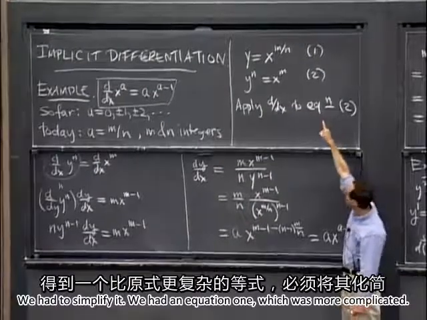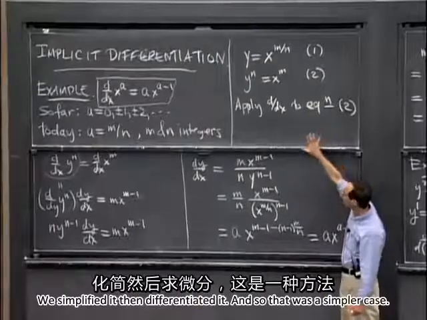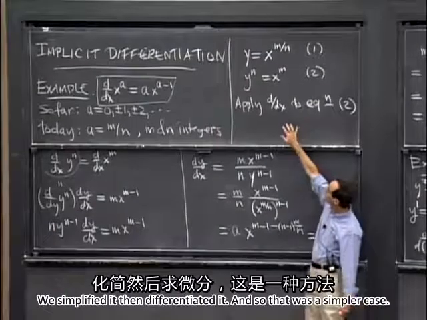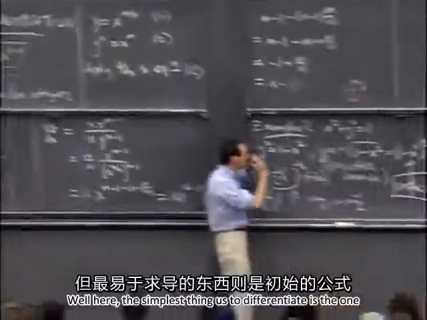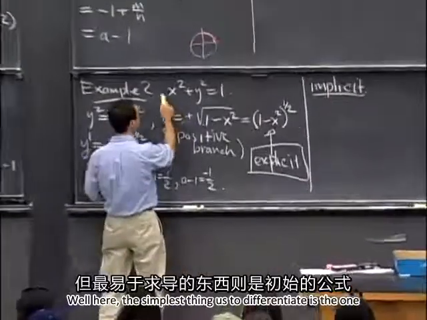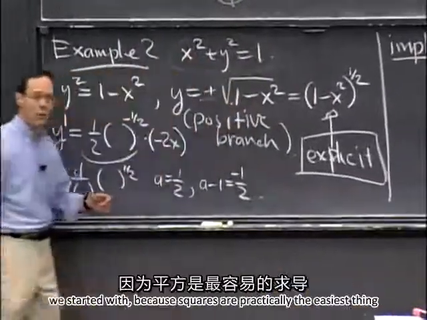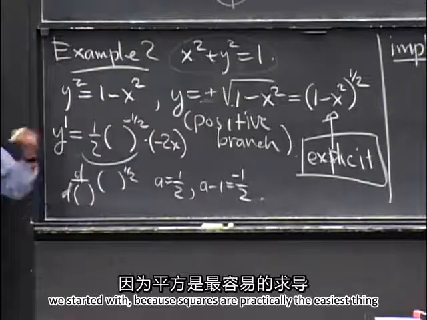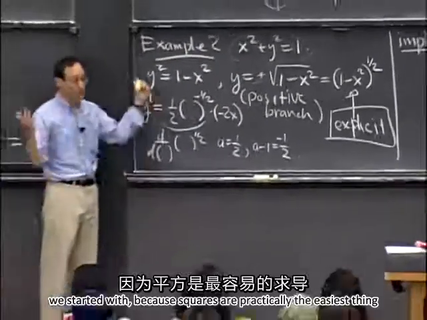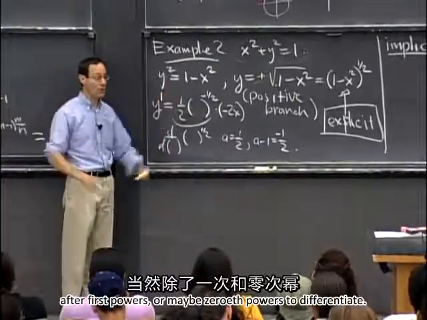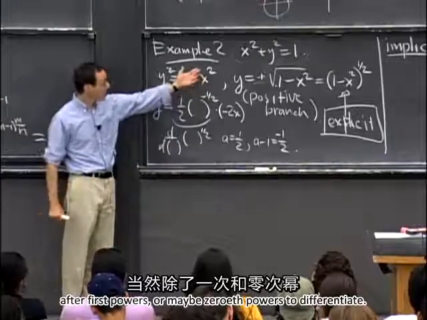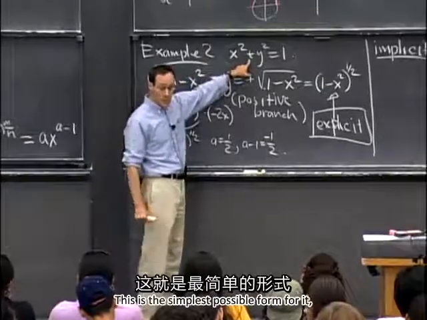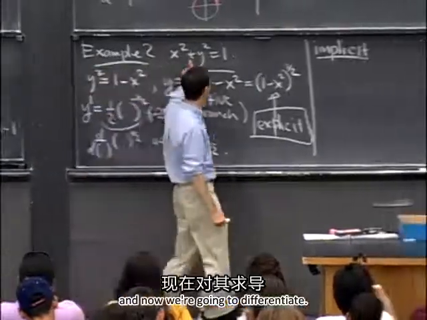We had an equation which was more complicated. We simplified it and then differentiated it. And so that was the simpler case. Well, here the simplest equation for us to differentiate is the one we started with, because squares are practically the easiest things after first powers or maybe 0th powers to differentiate. So we're leaving it alone. This is the simplest possible form for it. And now we're going to differentiate.